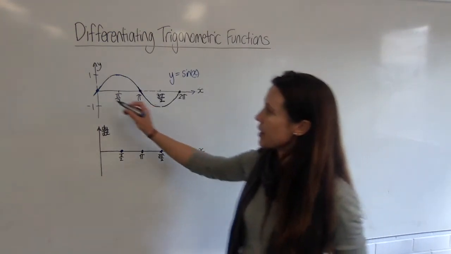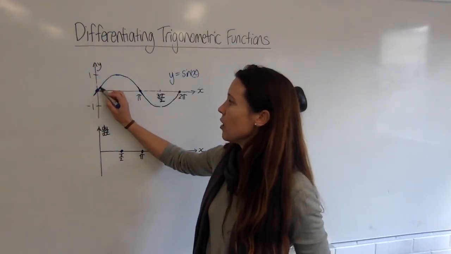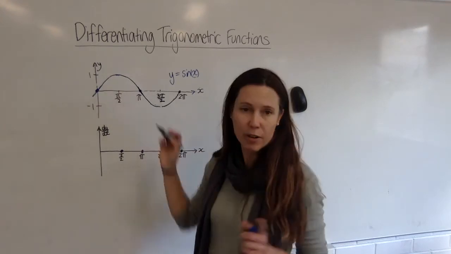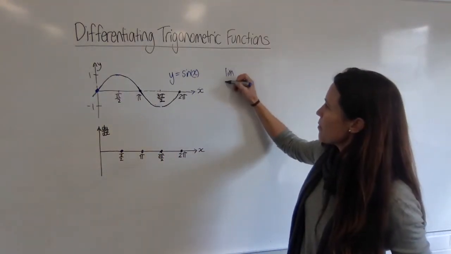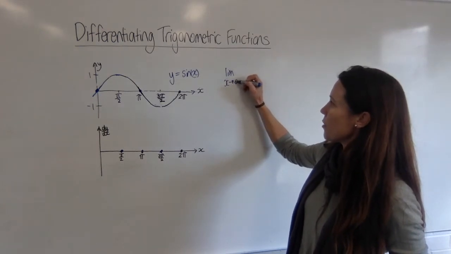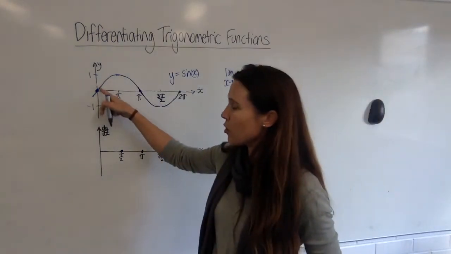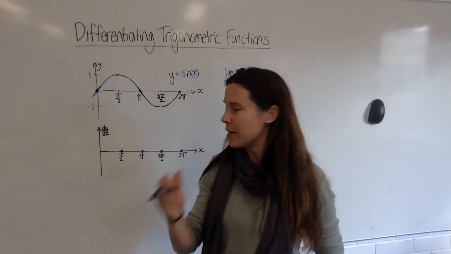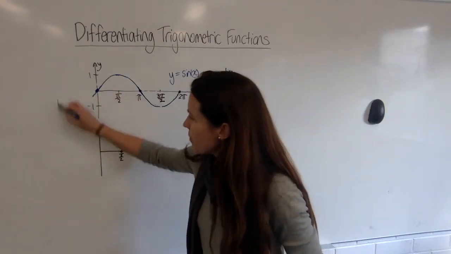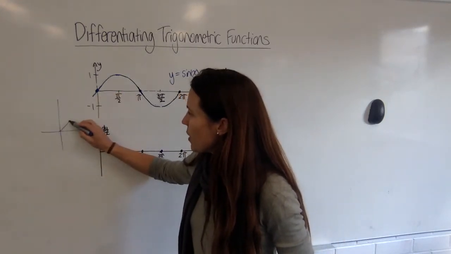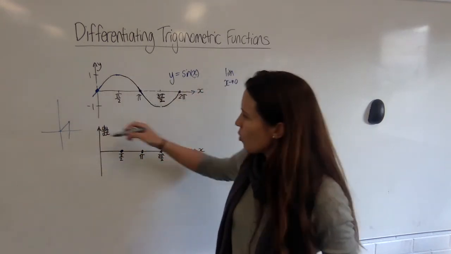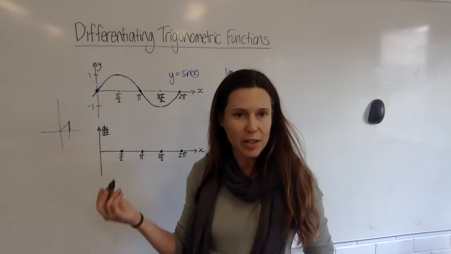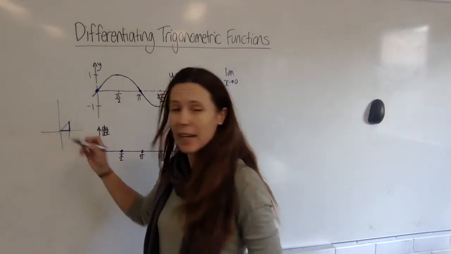We've already seen what the gradient of this function is right here at the origin. In our last lesson, we considered what happens when we take the limit as x approaches 0 of the gradient here. Now, gradient is rise over run, and we said if we zoom right in, then on this function, graphing y equals sine of x, the y value is just the sine of x, and the x value is x itself.